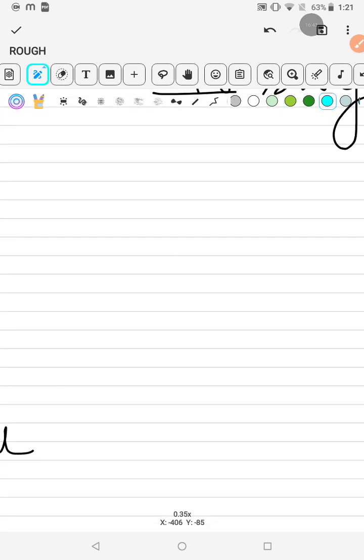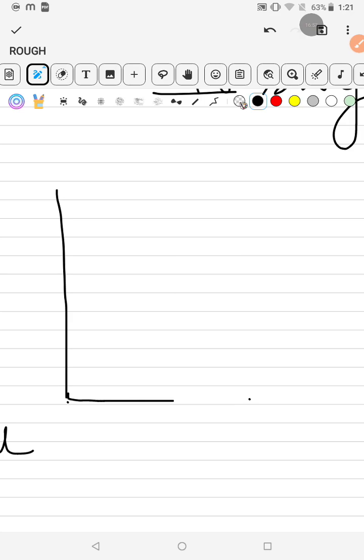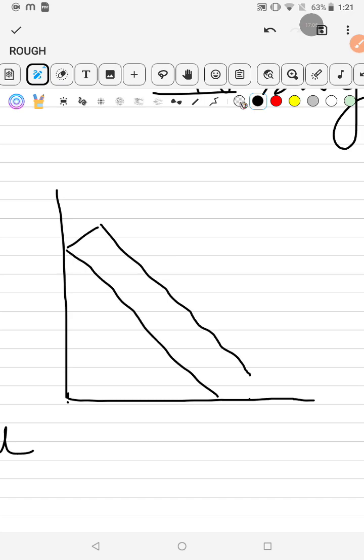Okay, now how to find normal when the two surfaces of contact are not parallel? What does it mean? Let me tell you. For example, this is a wall and this is the ground or floor, and there is a rod leaning on the wall.